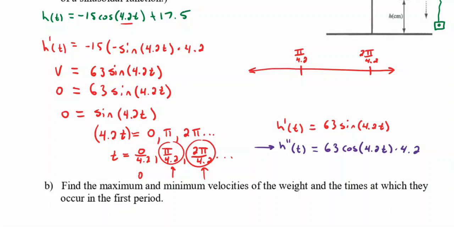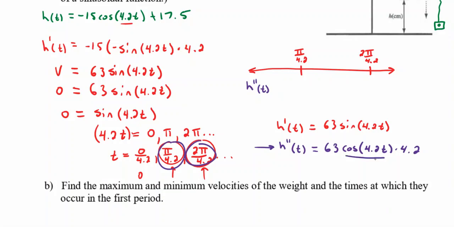So what I'm going to do now is throw these critical values into my second derivative. We'll write h double prime of t for these points. At pi over 4.2, if I threw in pi over 4.2 for t, that would just be pi, because the 4.2 would cancel with the 4.2.